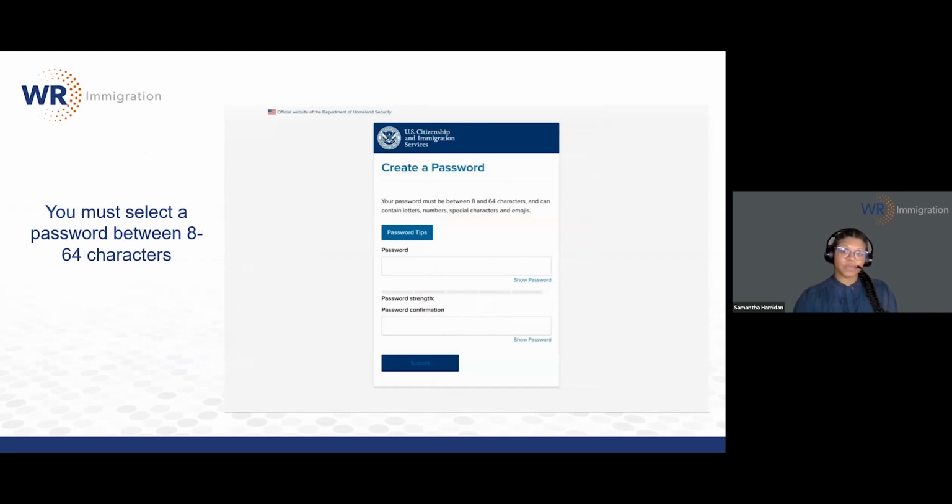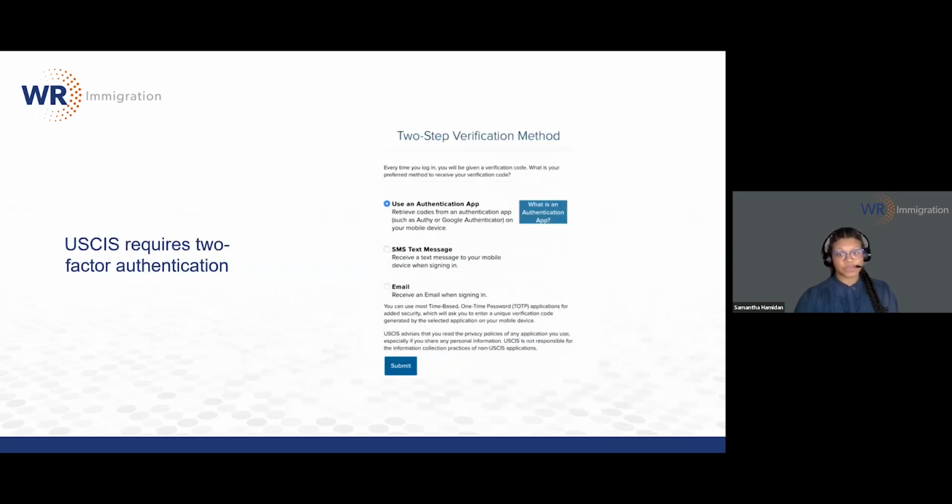The system will then prompt you to create a password between 8 and 64 characters. This may include letters, numbers, and special characters. USCIS requires you to select a two-step verification method for security purposes. Each time you sign in with your email and password, you will be asked to provide a one-time code that you'll receive from one of the following three methods.